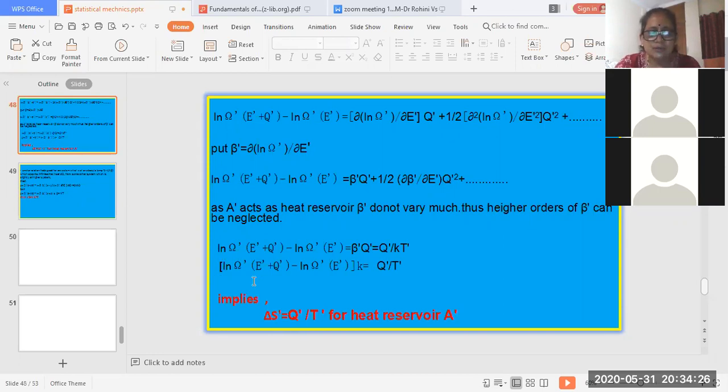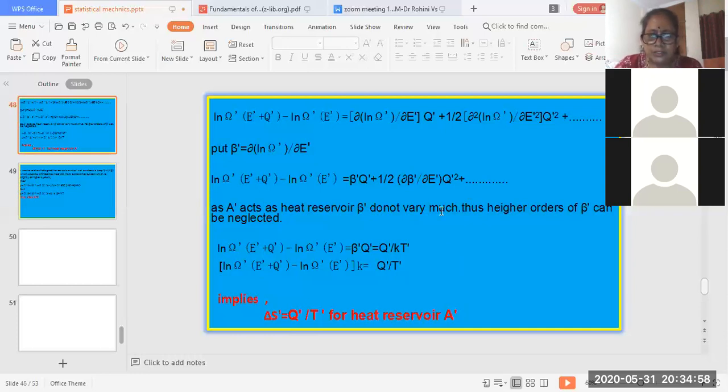A dash. So that is why I can write this as delta S dash. So what is delta S dash? It is the change in entropy of the system when it absorbs Q dash amount of heat. So left hand side is delta S dash. Fine. So this is equal to Q dash divided by T dash for heat reservoir A dash. Okay. So is this derivation clear to you?